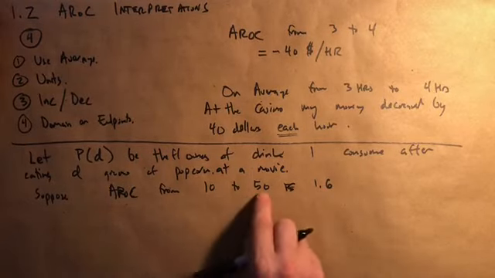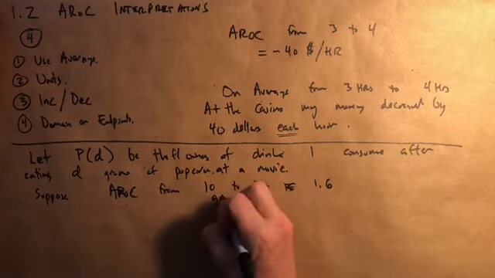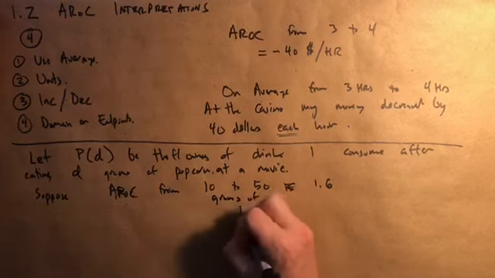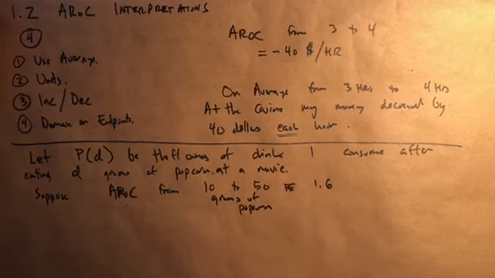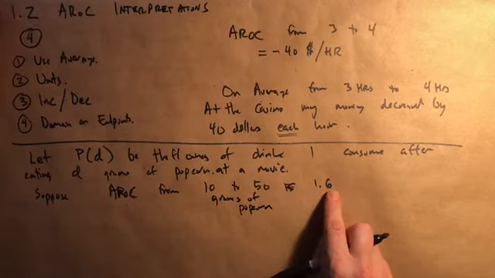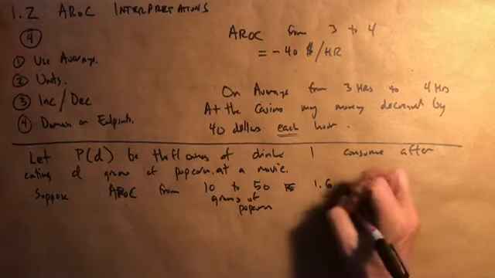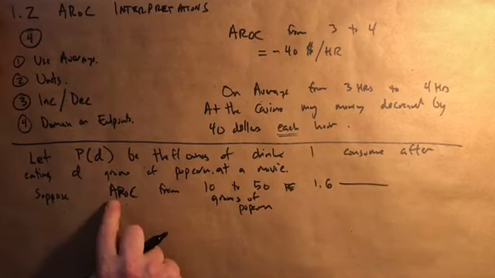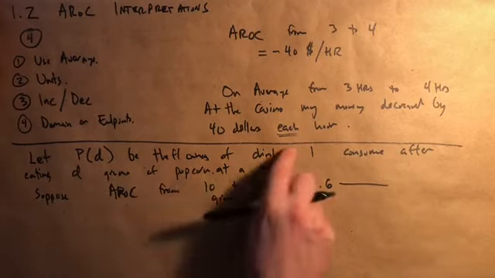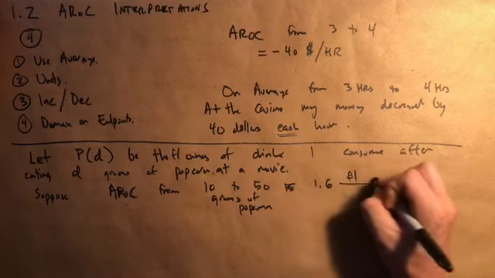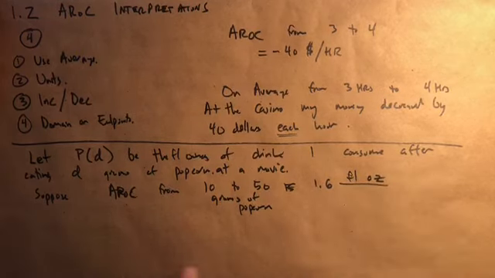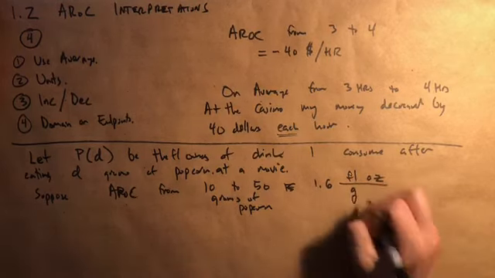Now, 10 and 50, these are both grams of popcorn. And 1.6 is the average rate of change. And so what's the unit here going to be? Well, it's got to be the unit of the output, which is fluid ounces of drink, divided by grams of popcorn.